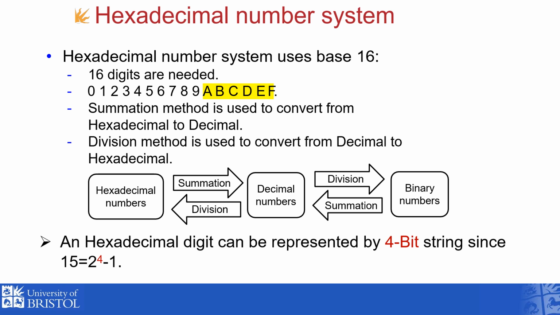E is number 14, and so forth. Or if you prefer, starting from A is number 10, B is number 11, then you've got 12, 13, 14, and 15. Again, the summation method is used to convert from the hexadecimal to the decimal system. That is very easy. And from there, you can do a division and convert that to binary numbers.